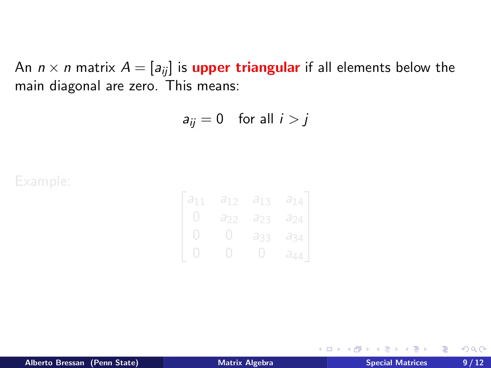Next, a square matrix m by n is called an upper triangular matrix if the following is true. That is, all the elements below the main diagonal are 0.